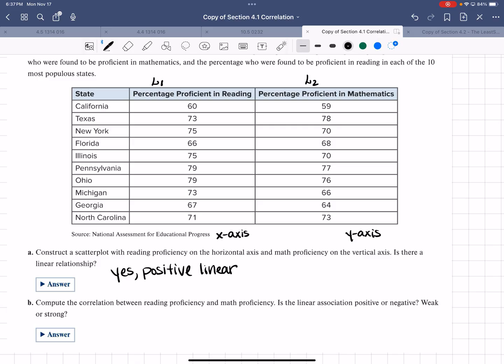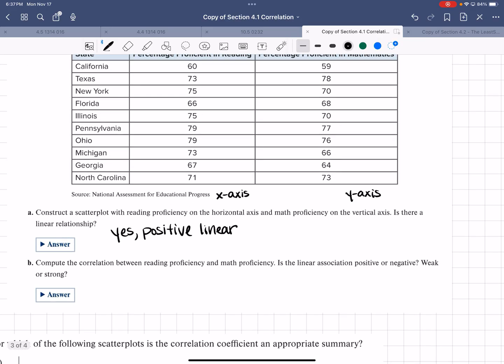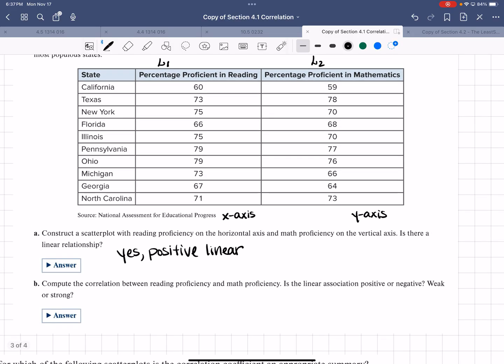Now it says compute the correlation between reading proficiency and math proficiency. Is the linear association positive or negative, weak or strong? That's why we turned the diagnostic on, so we could do it.